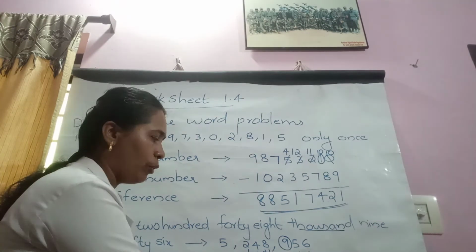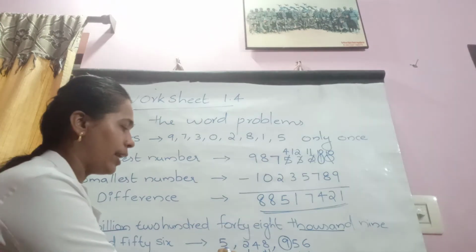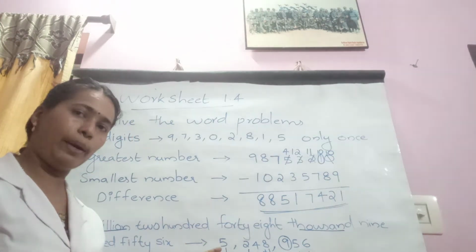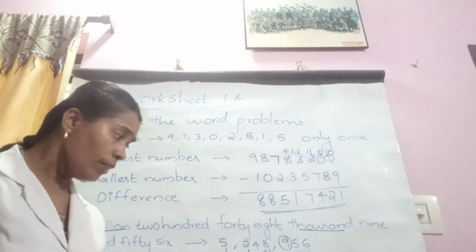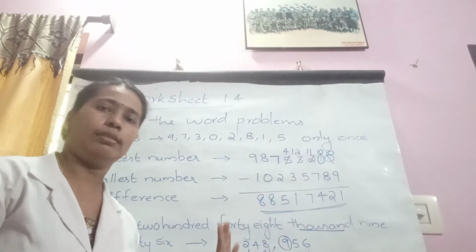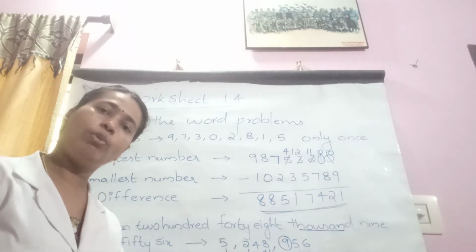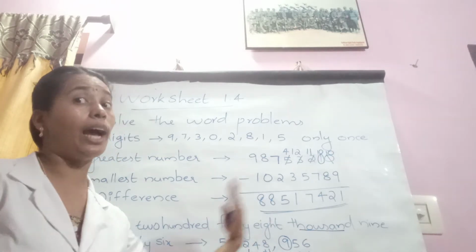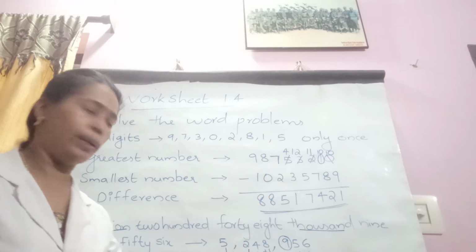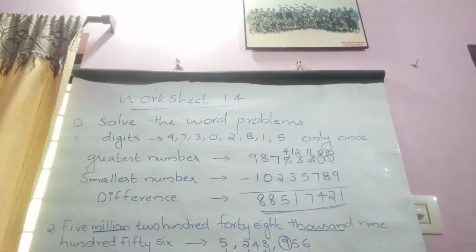Bring down 4 and 2, and similarly this 5 also. So we have rounded this number up to 5,249,000. Let us move to question number 3.